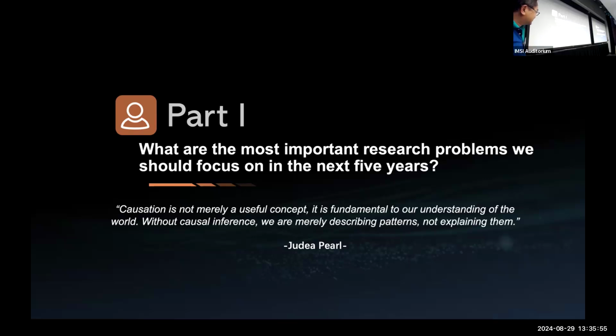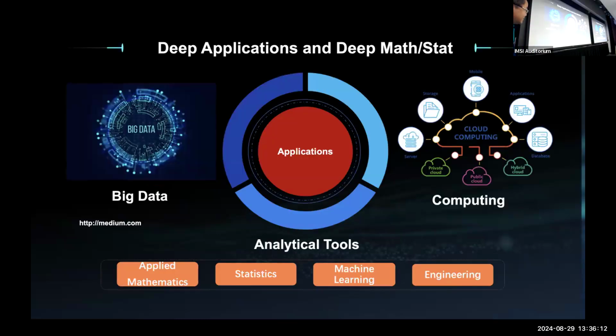I quoted the phrase: causality is not a mere useful concept, it's fundamental to our understanding of the world. Without causal inference, we merely describe patterns, not explain. Data science has been changing dramatically in the last decade.